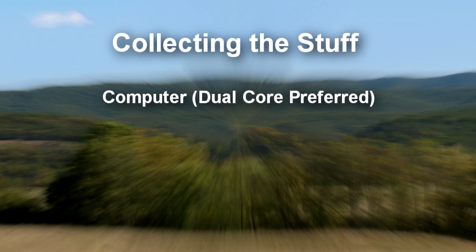Software. You're going to need image manipulation software. The most famous image manipulation software, of course, is Photoshop, but Photoshop is a very expensive program, so let's talk about alternatives. There is open source. Open source means basically it's a piece of software put together by volunteers, and they make it readily available to anyone who wants to use it.